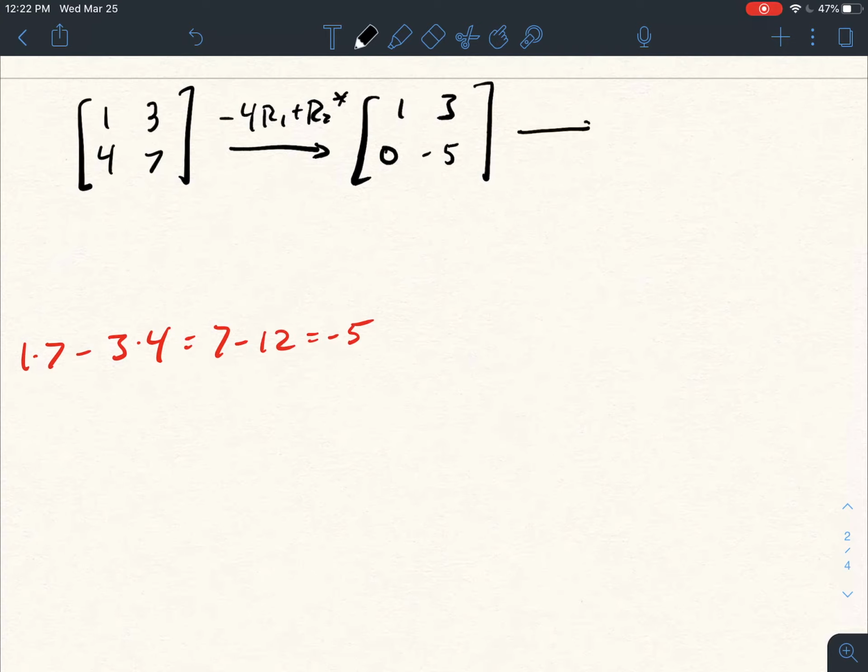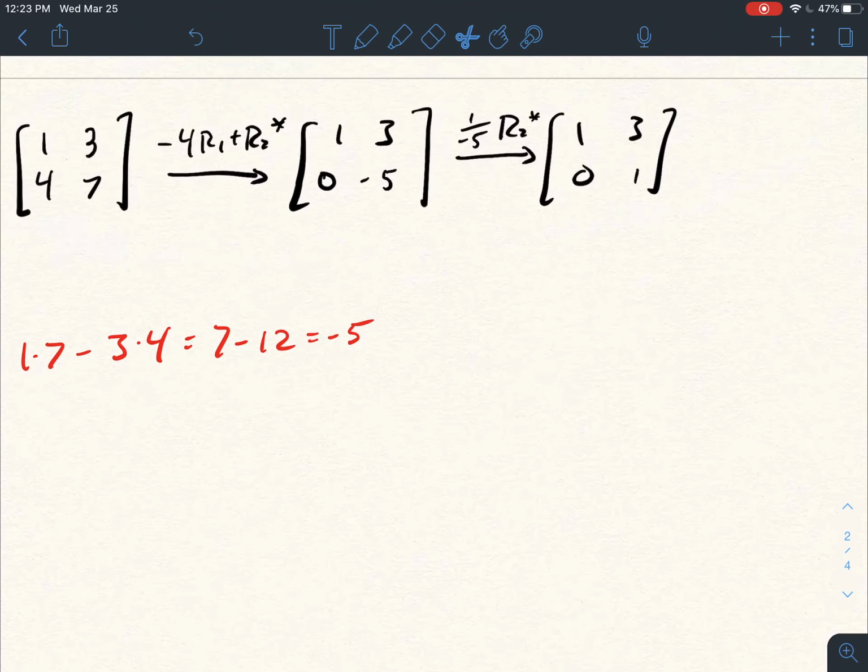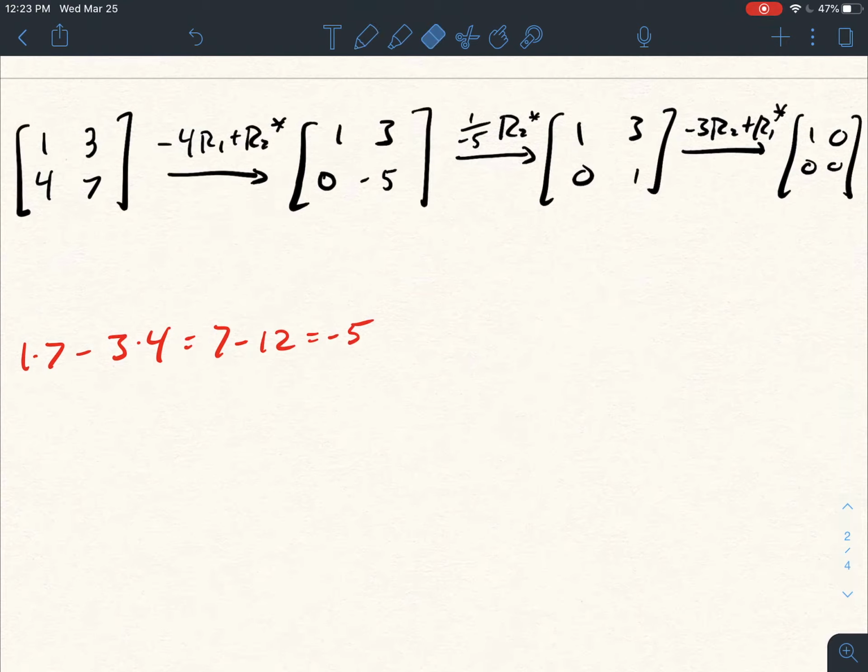Now I'll do 1 over -5 times row 2, giving 1, 1, 0, 3. And then I'll add -3 times row 2 to row 1, and I just get my 2 by 2 identity matrix.